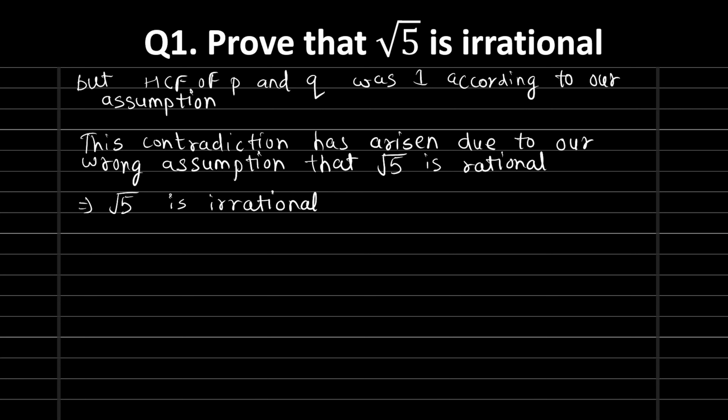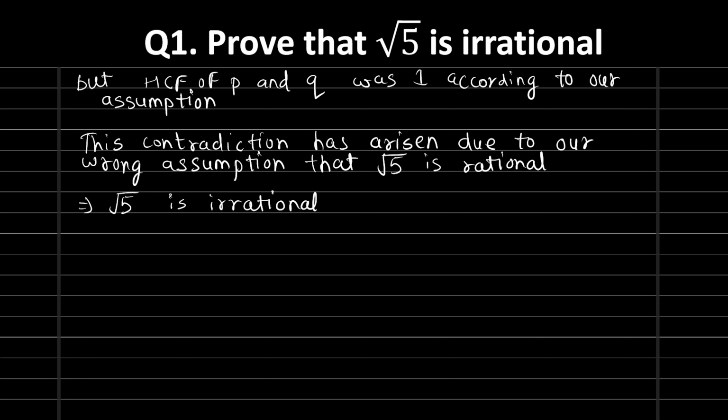So this is what method of contradiction means. We start with a wrong assumption and as a result we get a wrong result, so we say that our conclusion is wrong because of our wrong assumption initially. This is called the method of contradiction. Here we got HCF of p and q equal to 5, but initially we assumed that HCF of p and q should be equal to 1, because root 5 can be written in the form of p by q where p and q are coprimes.